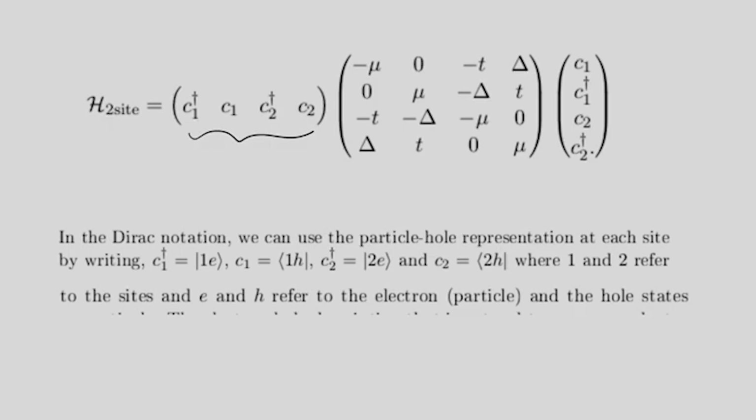Both daggered and undaggered things are here, and in general we are familiar with writing C1 dagger, C2 dagger, etc. This is a particle degree of freedom, and annihilation is related to the hole degree of freedom. So the Hamiltonian can be written in the particle hole basis.